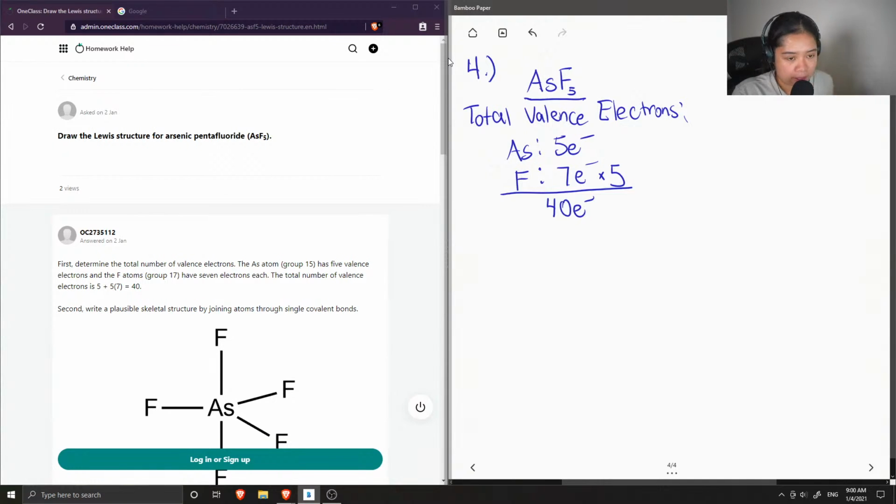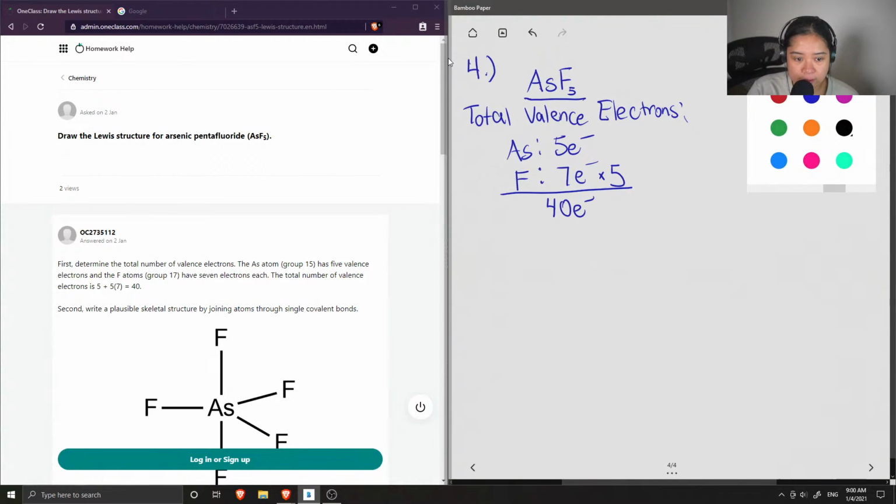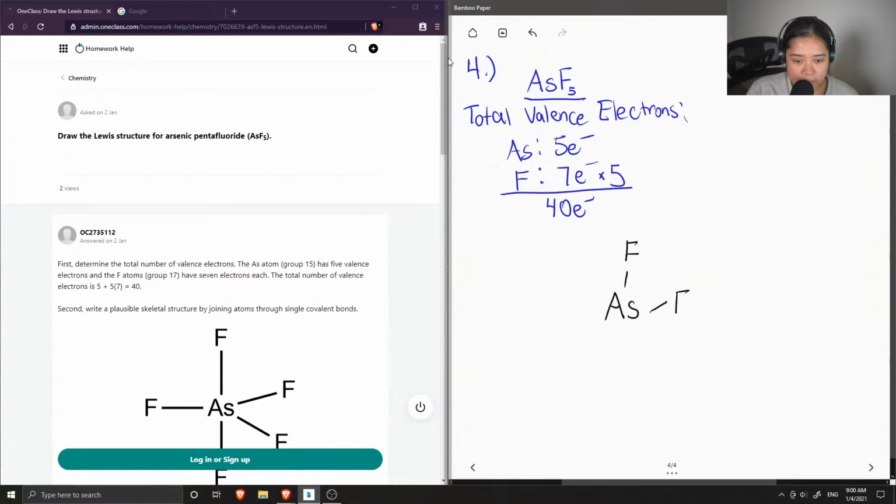Now it sounds like a lot, but once you actually draw it, let's draw arsenic in the middle as our central atom, and then all of the fluorine atoms around it. Try to make it symmetric.